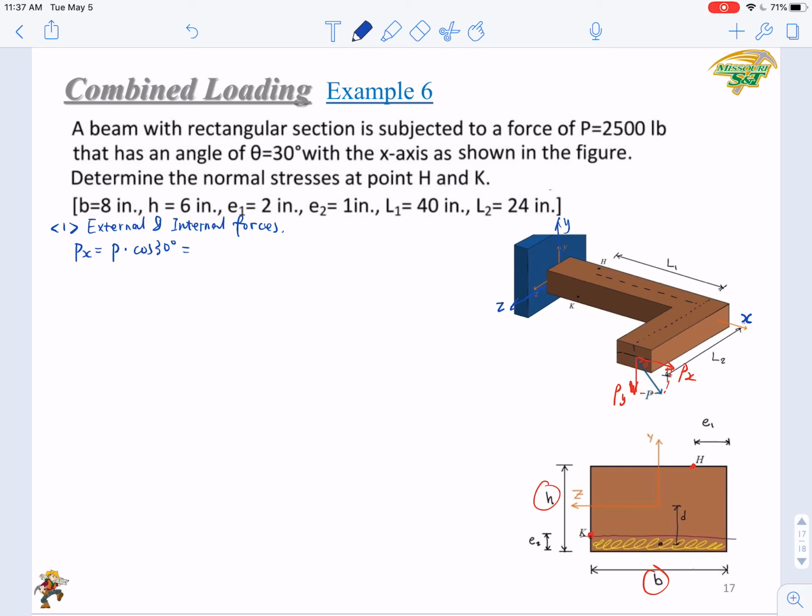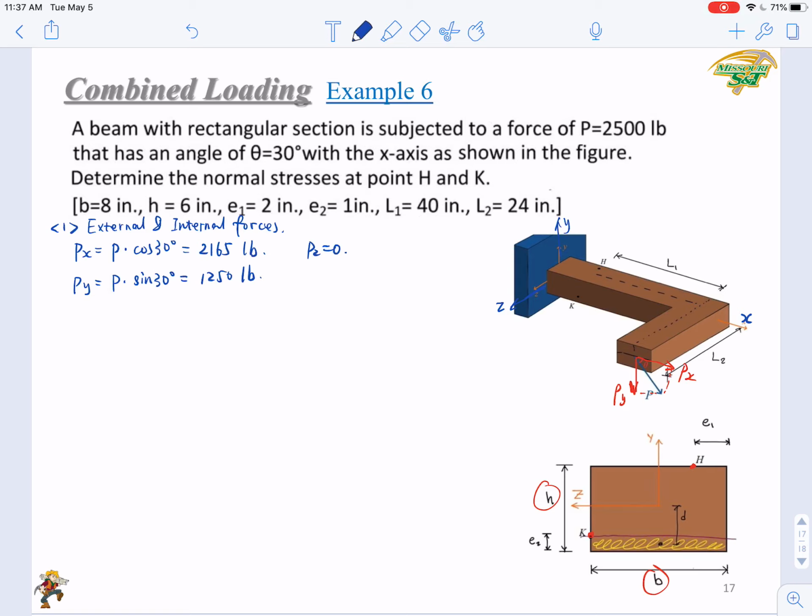So this will be 2,165 pounds. And Py will be P times sine 30 degree. Right, so that will be 1,250 pounds. How about Pz? Pz equals 0, right? No components along z direction. So you have only two external forces, right?